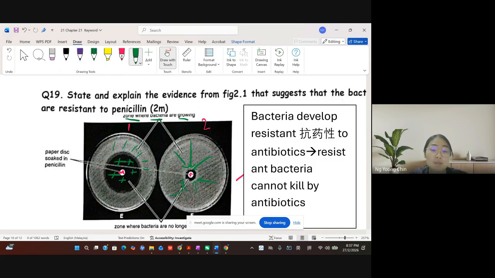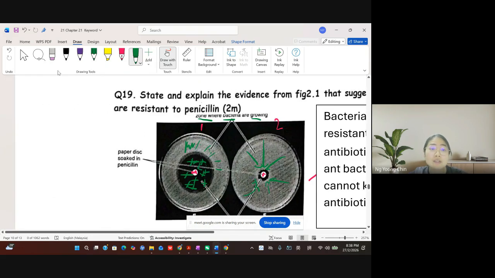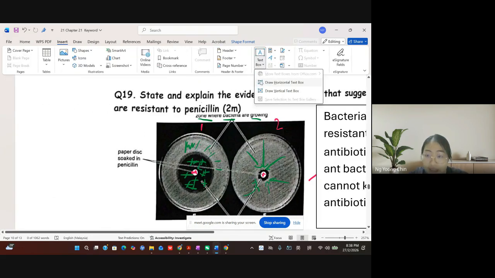But in plate 1, you can see a clear, transparent zone around them, and the bacterial growth is until here. This means that the antibiotic in plate 1 is still able to kill the bacteria in that plate. There is no bacterial growth inside, because the bacteria in this region are being killed by the antibiotic. So it means the bacteria are still sensitive to the antibiotic. Understand?